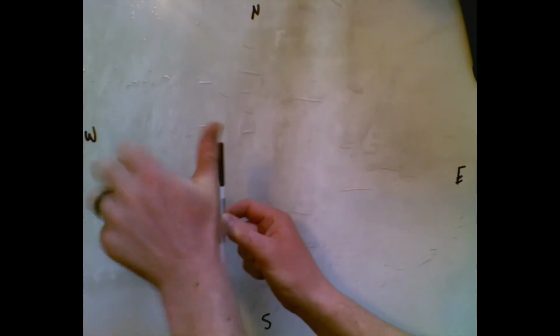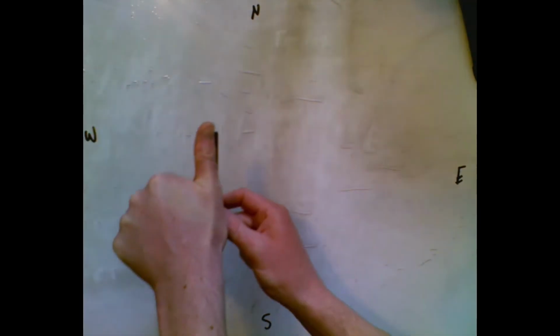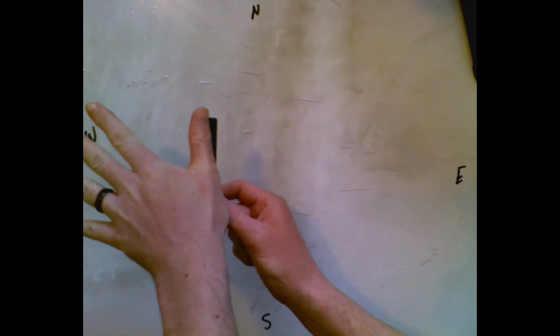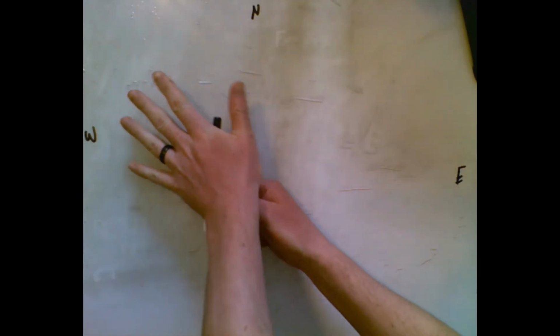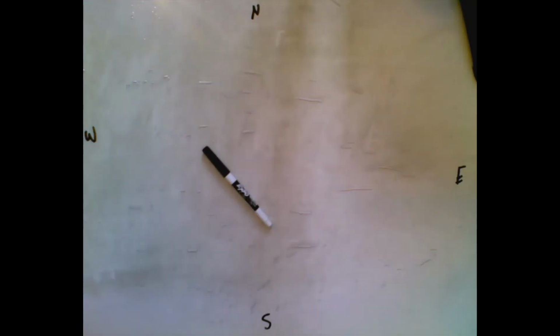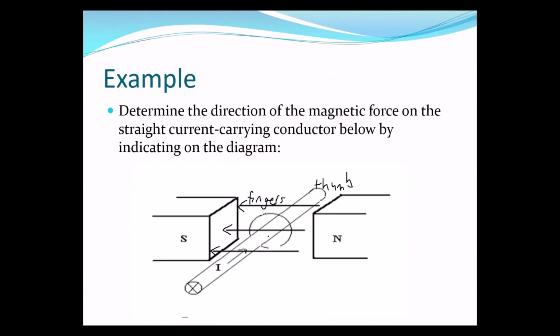Like that, so my thumb points that way, my fingers point that way, and you can see that my palm is then going to push it down, and that's what's going to happen. So this wire is going to experience a force downwards. That's going to be my force magnetic, and that's our third left-hand rule.